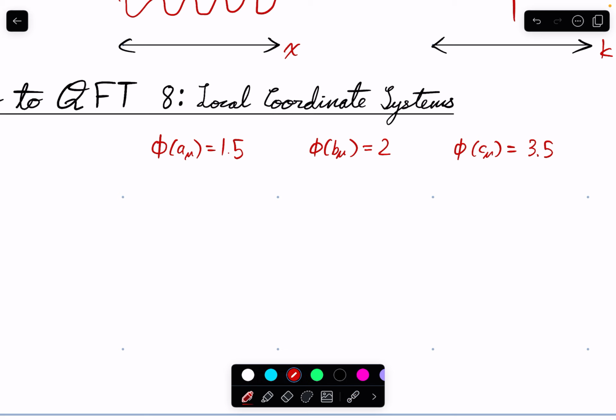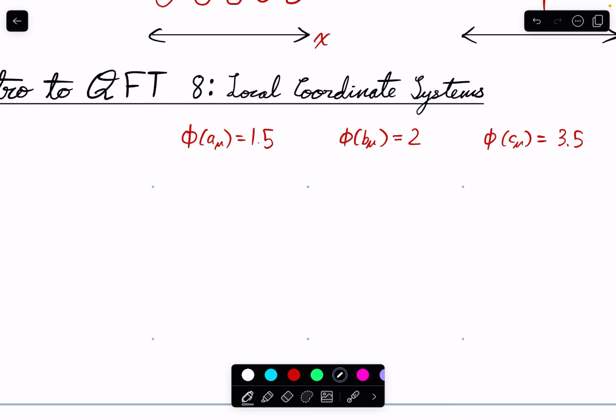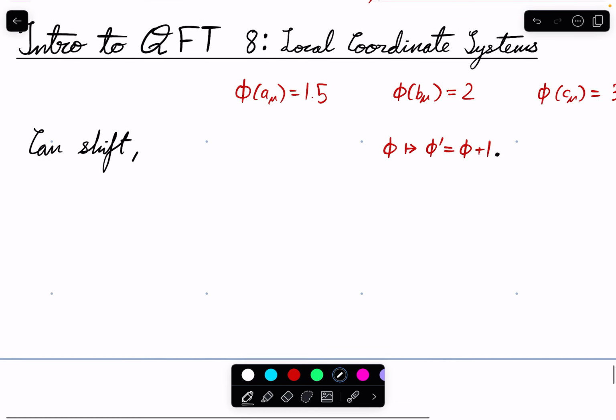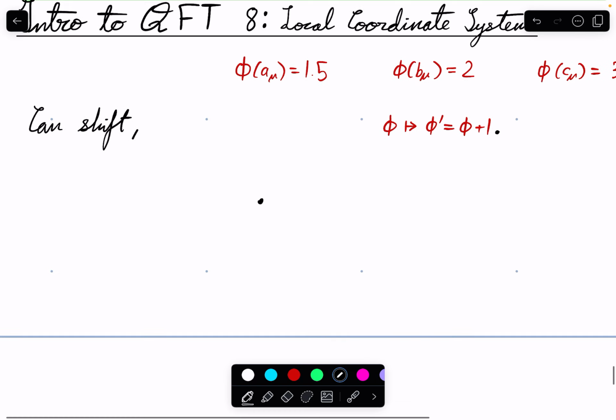But we could shift the coordinates, which would look like phi mapping to some phi prime, which is, say, just phi plus 1. So this would look like the following.